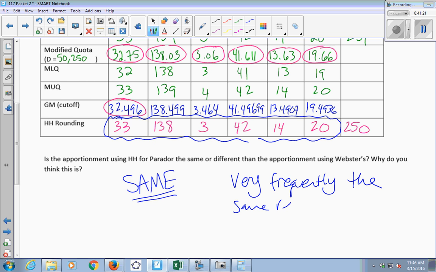So the question is, like Caroline just asked, why don't we just use Webster's? It's so much easier. Why do you think we use Huntington Hill? They're so similar. They almost always give the same results. Webster's way easier. Any ideas?